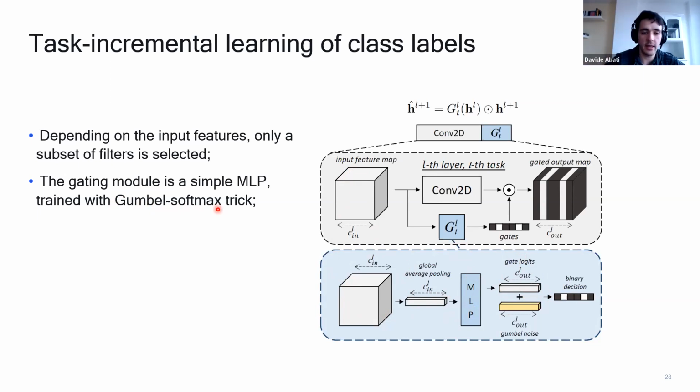I won't get into details, but it's something with which you can train binary or, more generally, discrete decisions inside a neural network. So something that is not continuous. In this case, we have on-off decisions. They come out of a threshold, and the threshold doesn't have a well-defined gradient. So there's this trick in order to compute the gradients, or an estimate of the gradients.